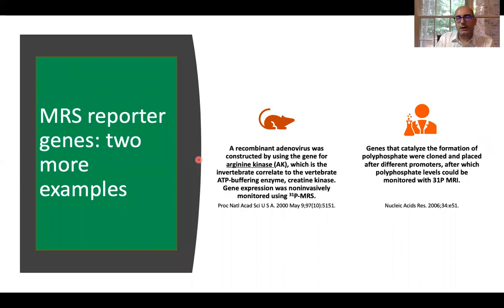There were several more reporter genes that came up throughout the years. Noteworthy is the arginine kinase that was developed by Glenn Walters. The concept is very similar to creatine kinase, where the ability to phosphorylate arginine exists only in bacteria. So if you express arginine kinase in mammalian cells, you will get this additional peak of phosphoarginine.